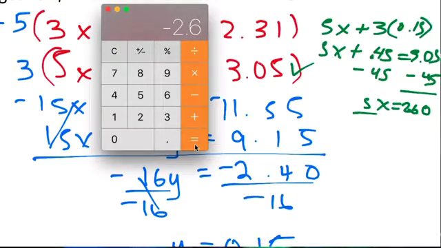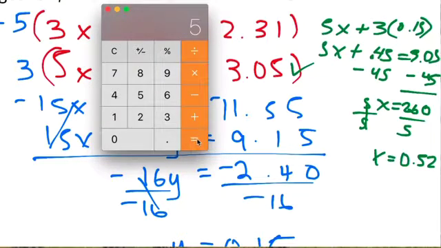5x divided by 5, I get 0.52. Just to make sure, divide that by 5. Yep, 52 cents.